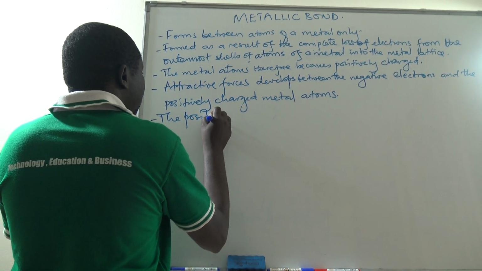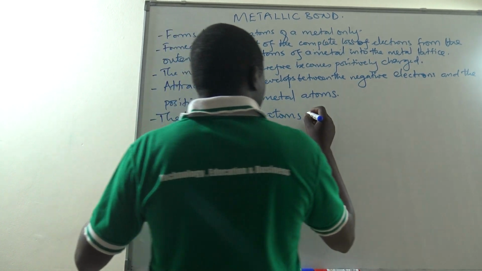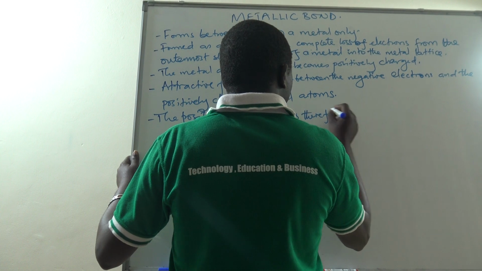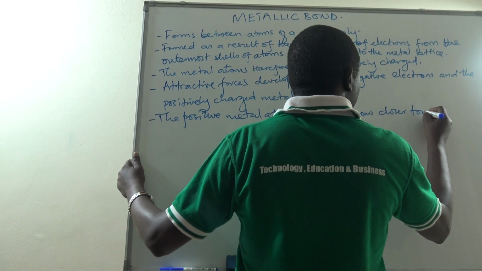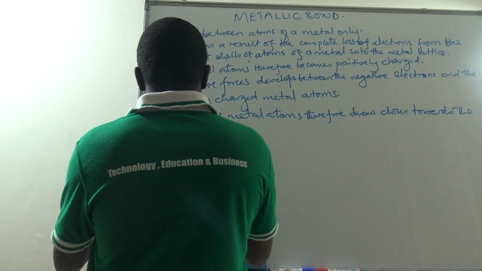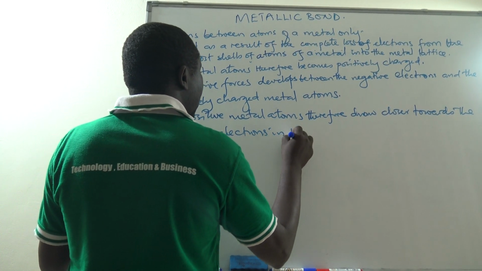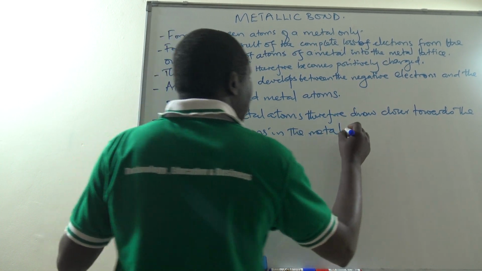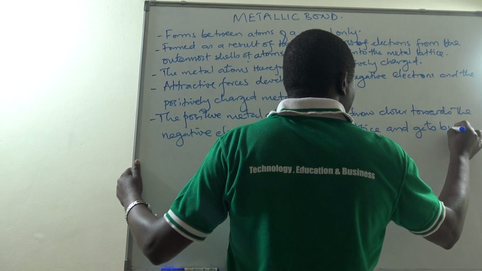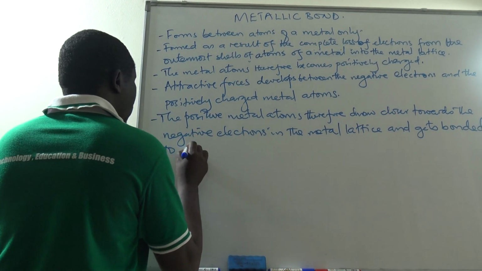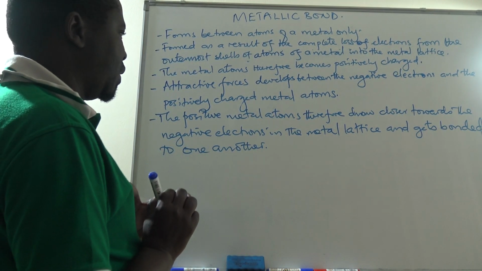So the positive metal atoms therefore draw closer towards the negative electrons in the metal lattice and get bonded to one another to form what we call the metallic bond.